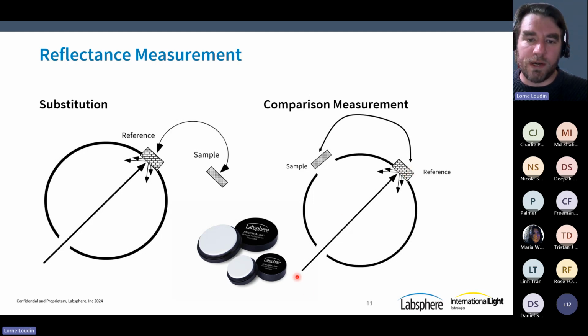You have one entrance port for your incident light, and then you swap out the reference with the sample to make your final measurement. So those are two basic ways of doing a reflectance measurement. Again, having a diffuse reflectance surface as your reference is critical, and the integrating sphere also needs to use a diffuse reflectant surface.